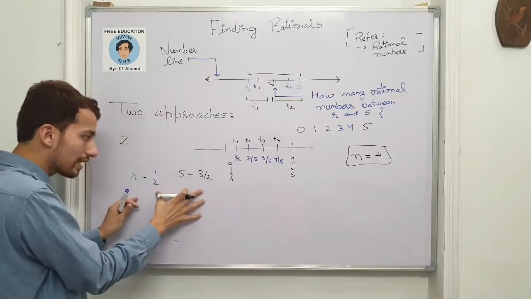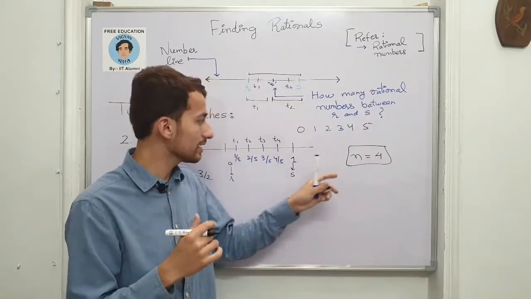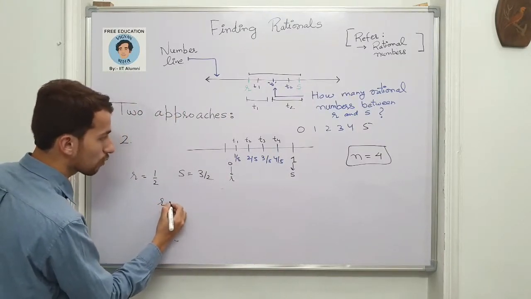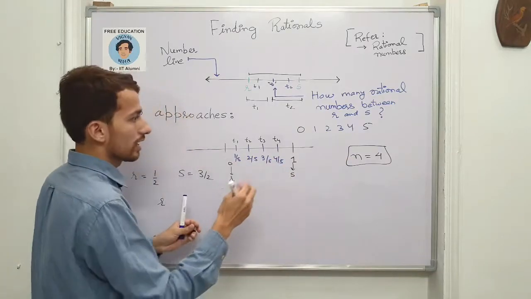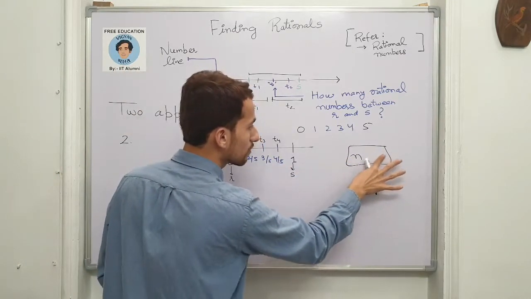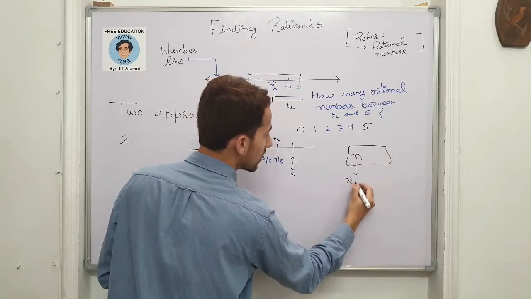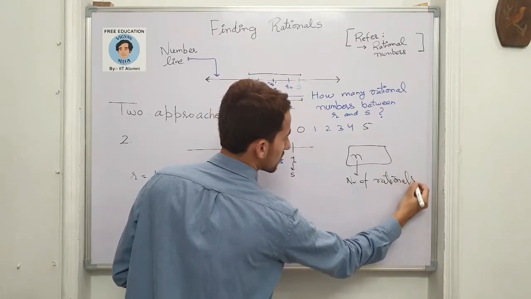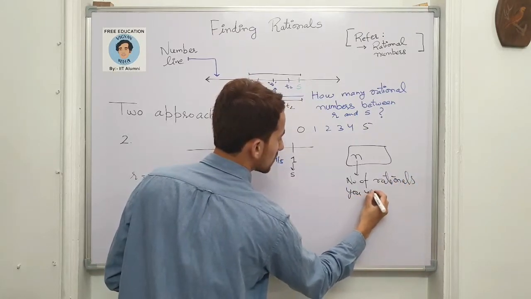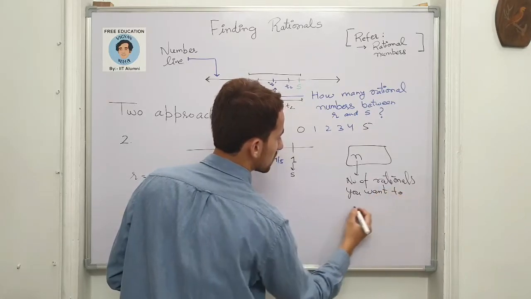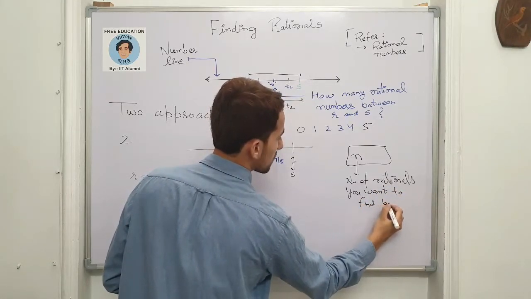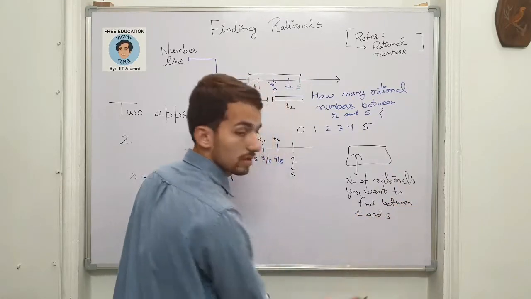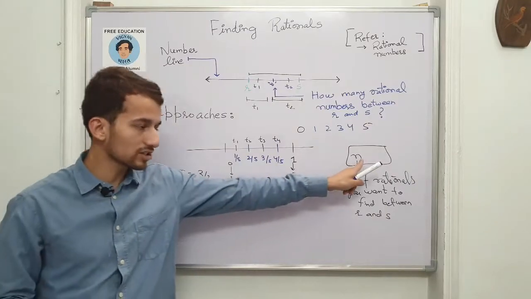So between these two values you can again apply the same method, like I can say a formula if you want to find n rational numbers. N is 4 in this case. These are the number of rationals which you want to find.